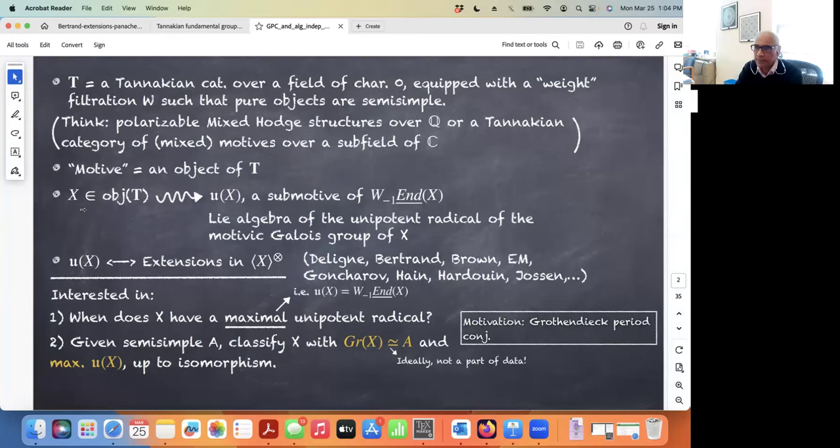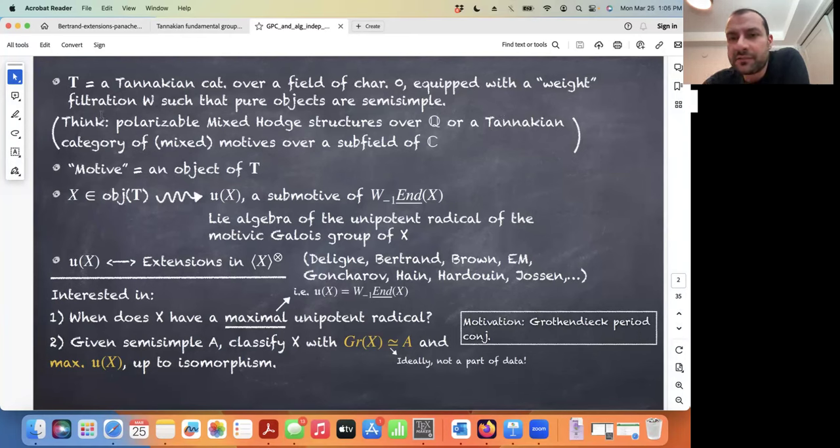Okay, so I'm going to introduce the setup first. We're going to fix a Tannakian category T over a field of characteristic 0, and we're going to assume that this category is equipped with a weight filtration. These filtrations are similar to the weight filtration for mixed Hodge structures or a category of mixed motives. Moreover, we assume that the pure objects, the ones that only have one weight, are semi-simple.